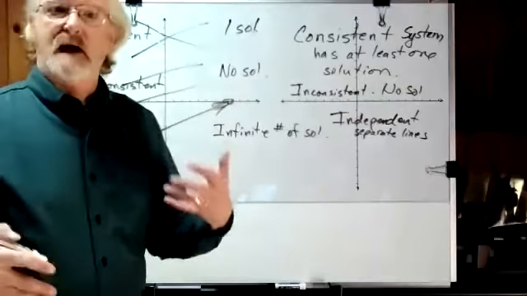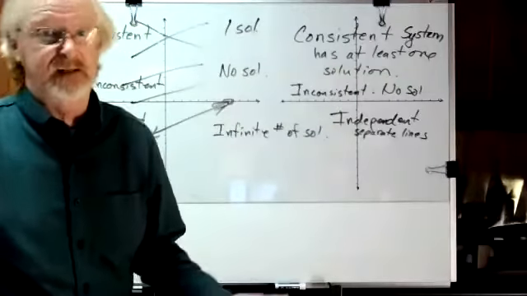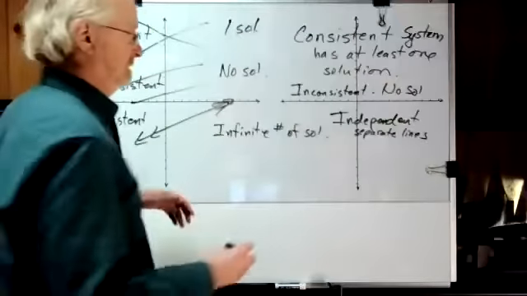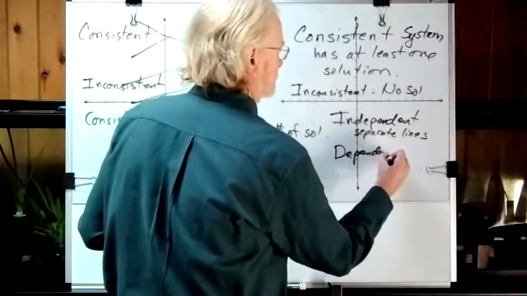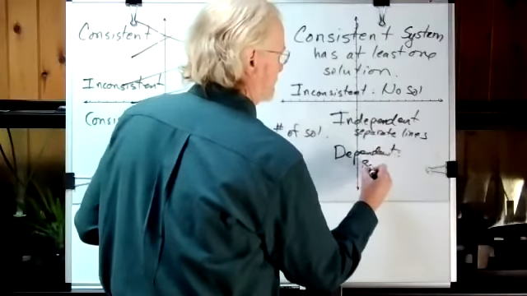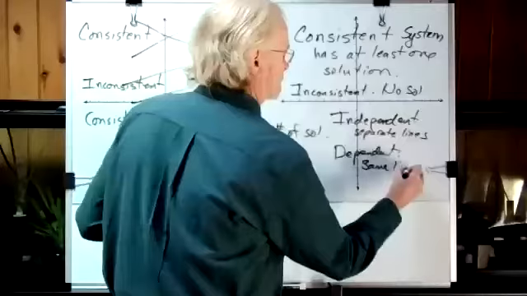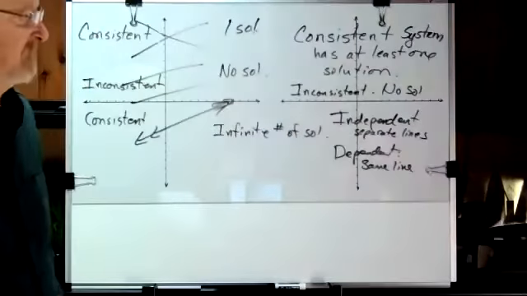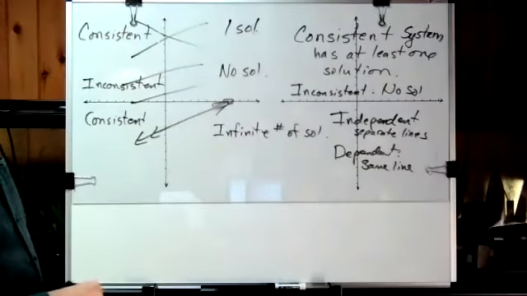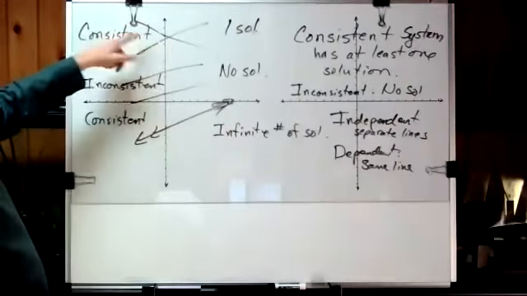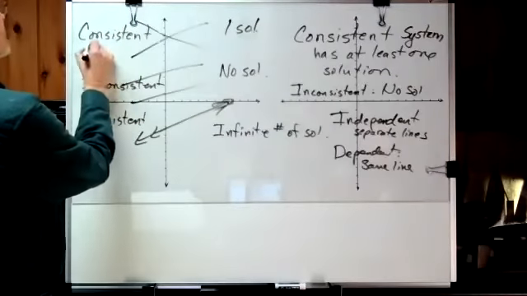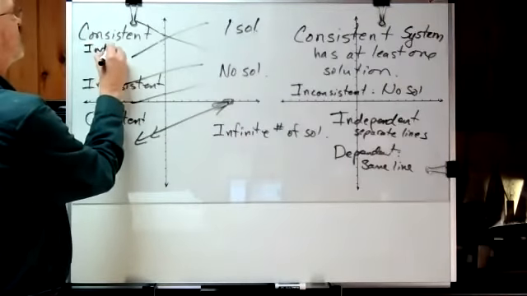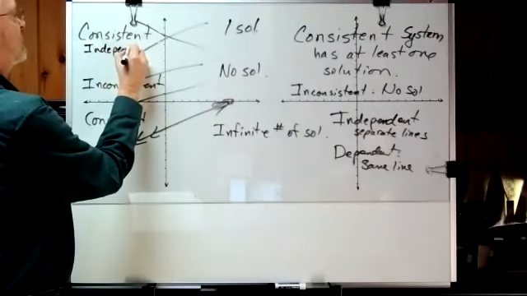If they're not independent, we say they're dependent: same line. So I could look again at these three possibilities and say, those are two separate, distinct lines. This one is independent.